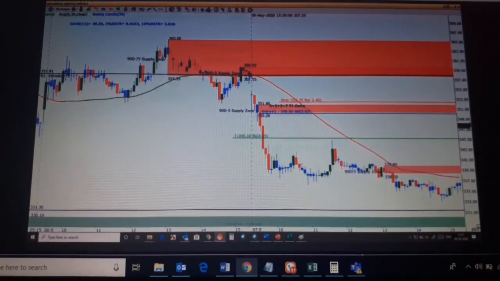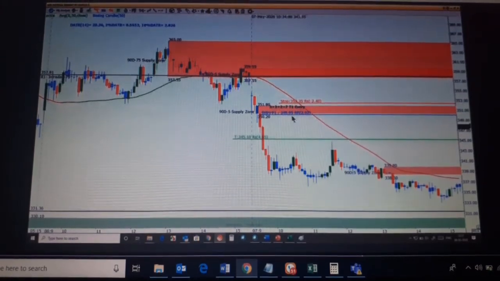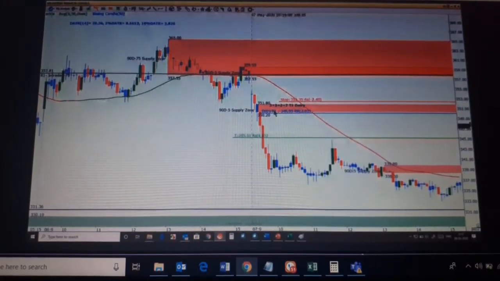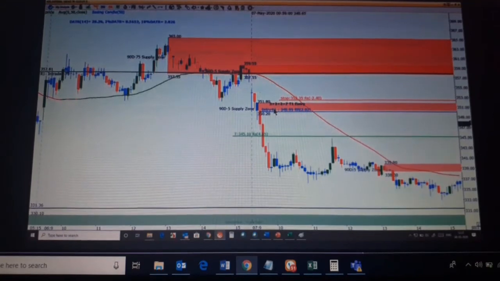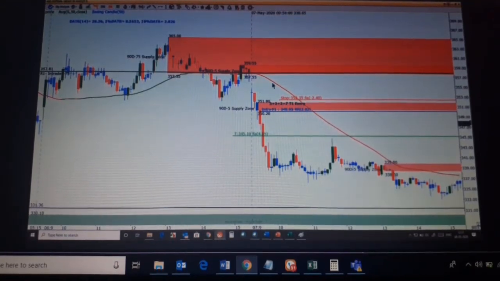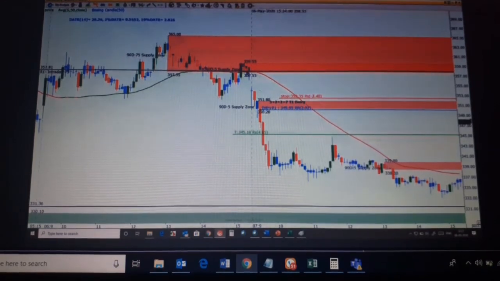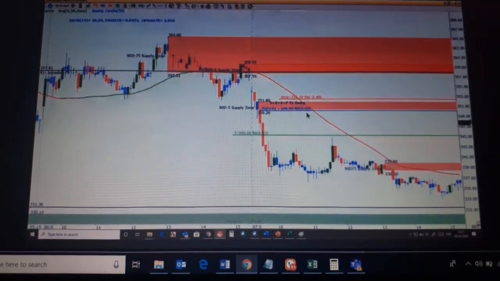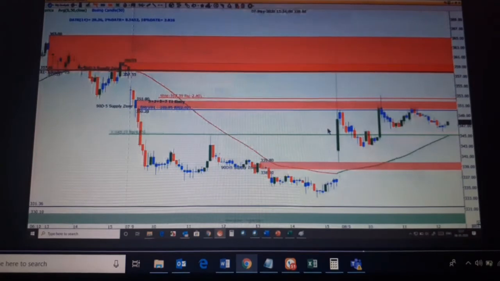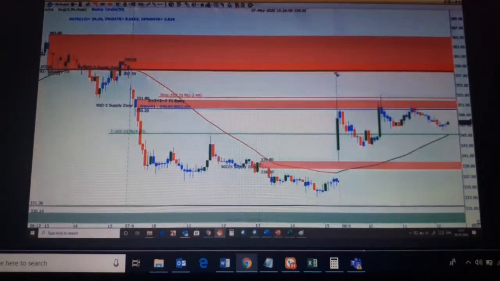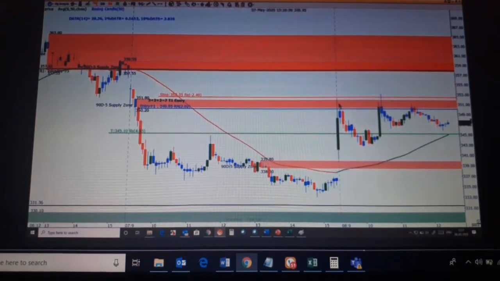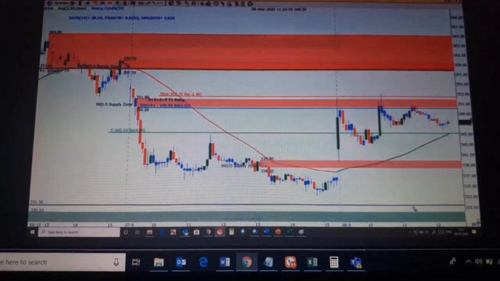Then you could be a little bit conservative and say that I did not want to go for this zone because the odds and answer score was 6 and I wanted to go only with a zone which had odds and answer 7. Now here both the odds and answer score is 7, here also, here also. So you could go for the zone because it may happen that the price may not come here. It will react to the supply zone. Now the price is retracing back, but it might have retraced here and then gone down.